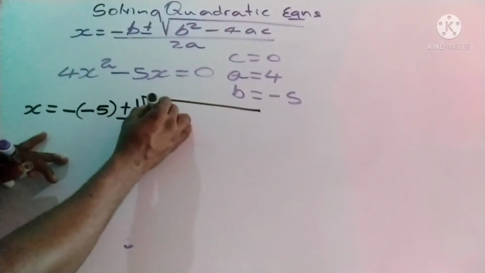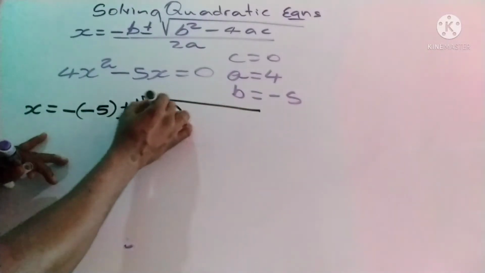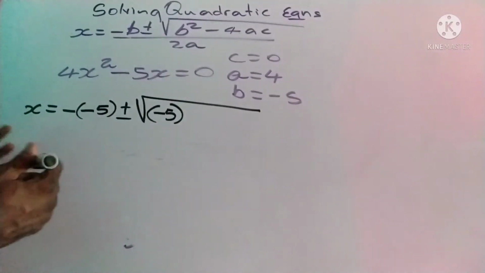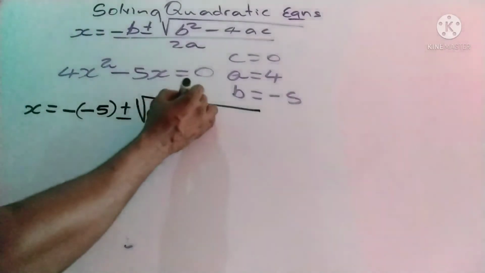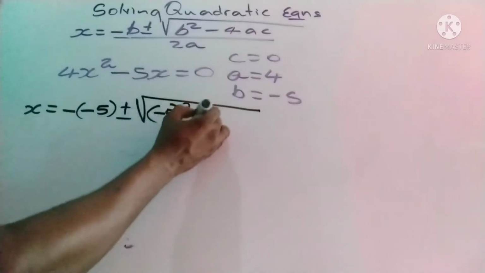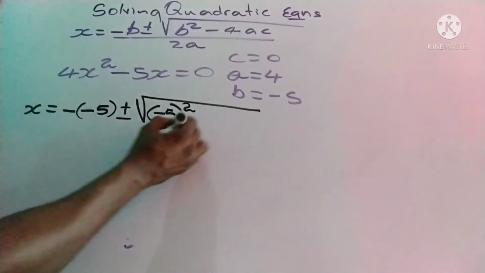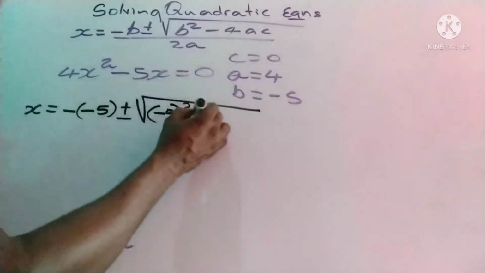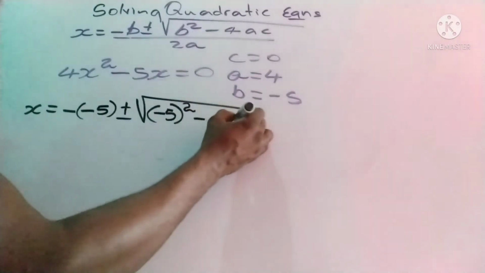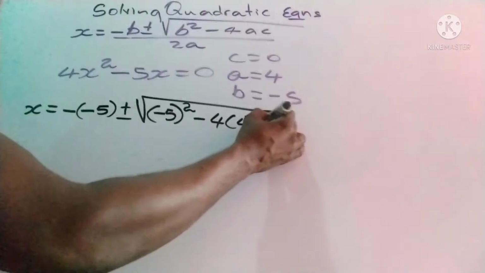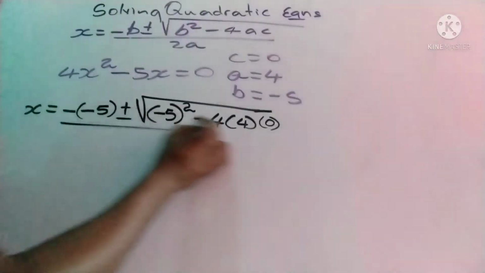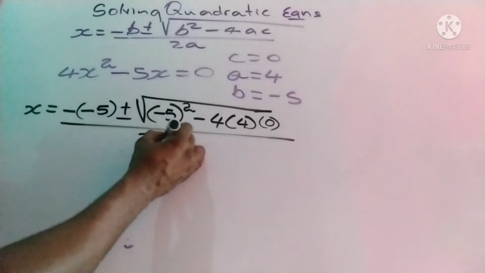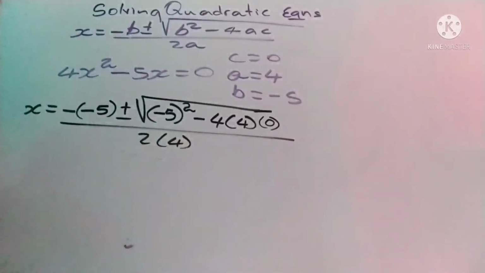One of the things that I would encourage is that whenever you're going to raise anything, especially a negative number, to a power, put it in a bracket so that the calculator doesn't just give you anything. So we have b squared minus 4 times a times c, and c is a 0, all over 2 times a, and a is 4.